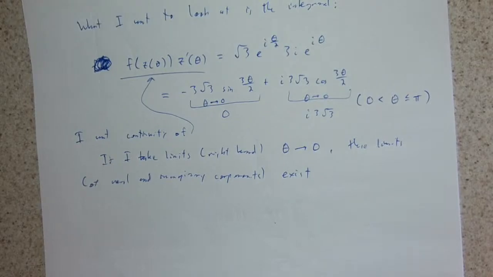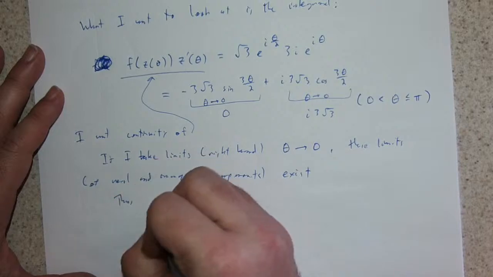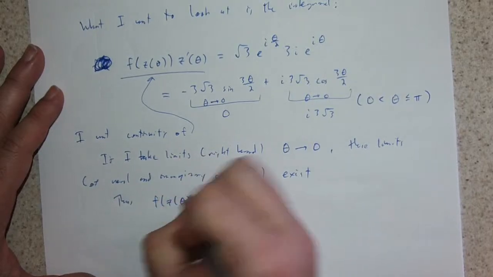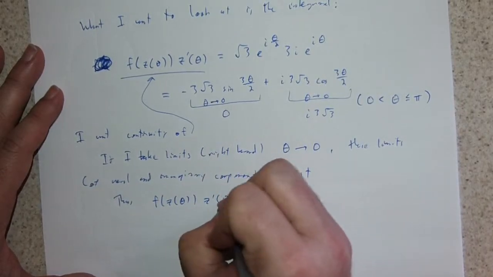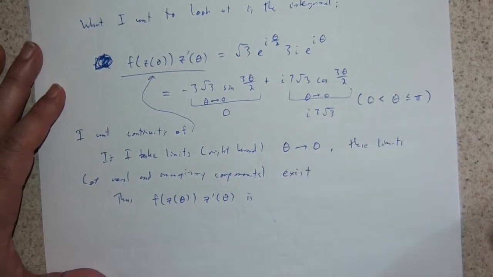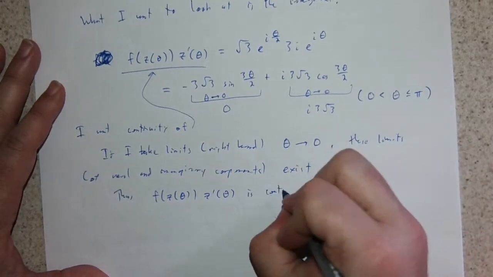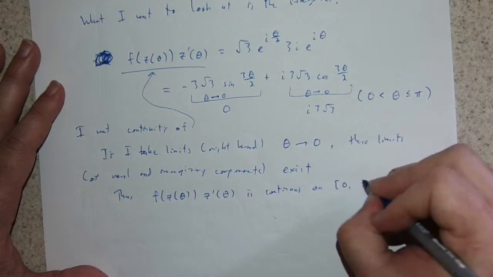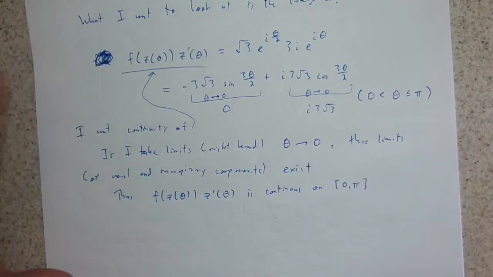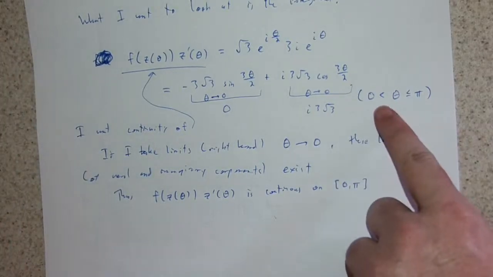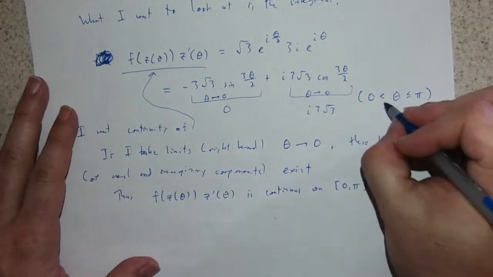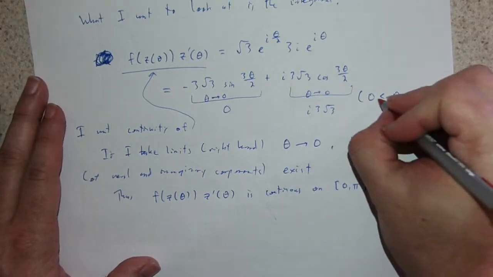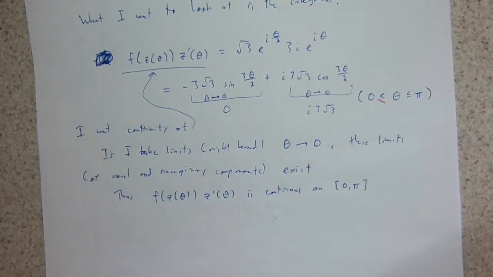Thus, f of z of theta times z prime of theta is continuous on the closed interval from 0 to pi. So I can actually include 0 here. I'll write this in red.